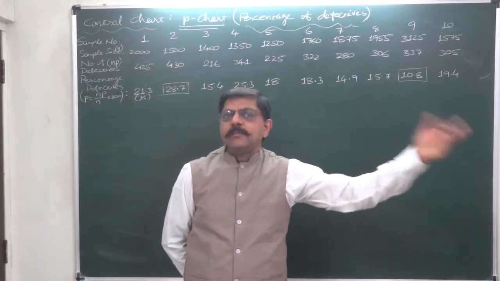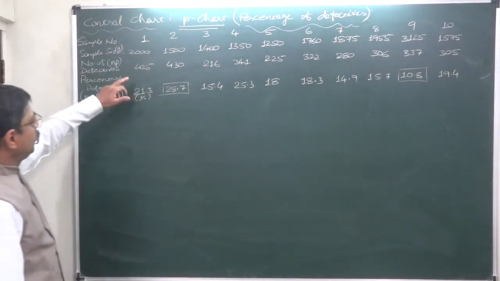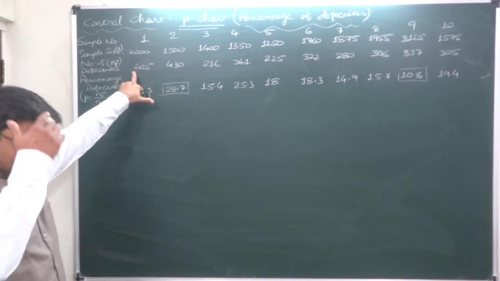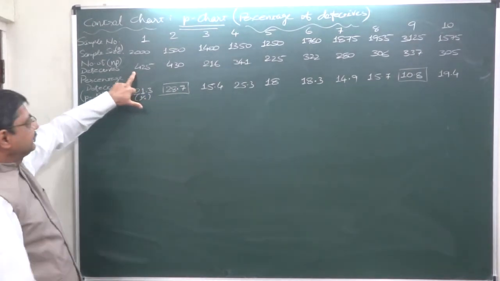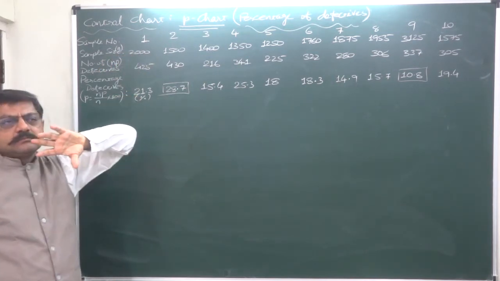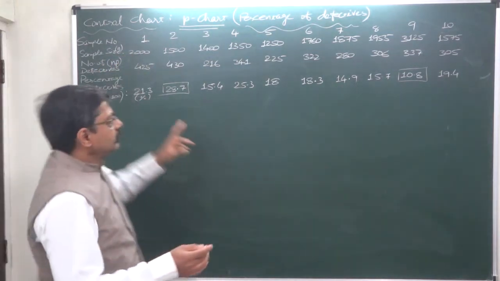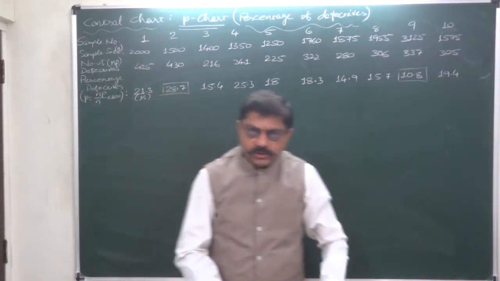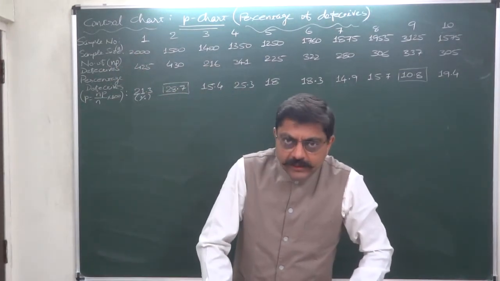Another variant, NP, directly plotting the number of defectives on graph paper, becomes error-prone because sample sizes are not equal.